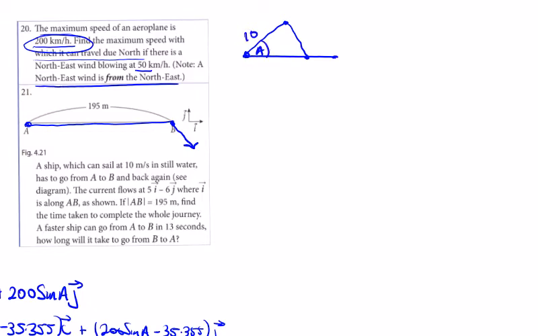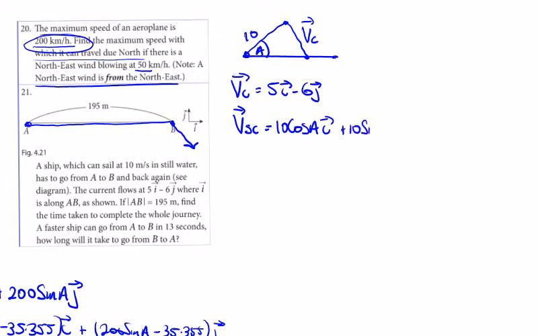We have an angle A, and 5I minus 6J is the velocity of the current. The velocity of the ship relative to the current is going to be 10 cos A in the I direction, positive here, plus 10 sine A in the J direction.